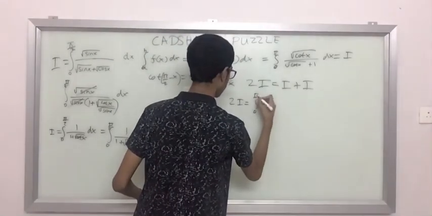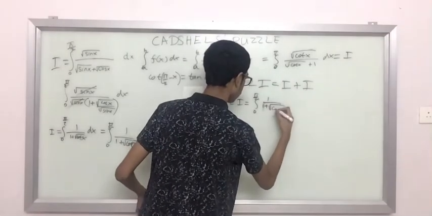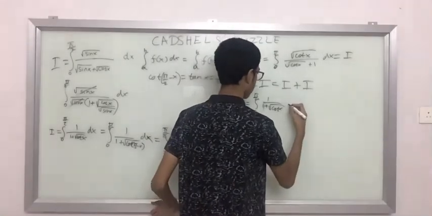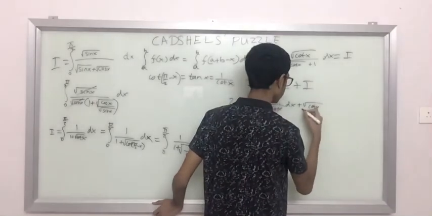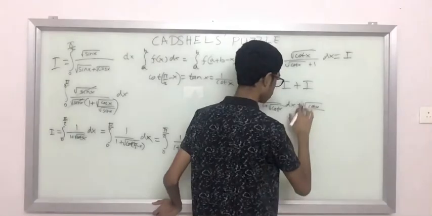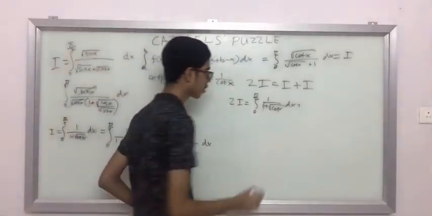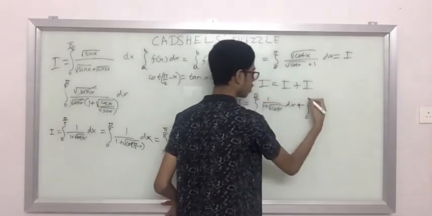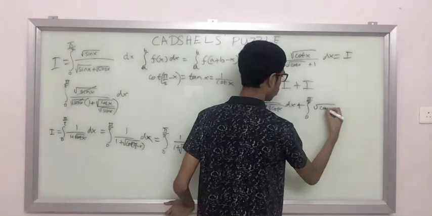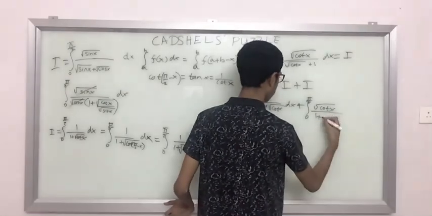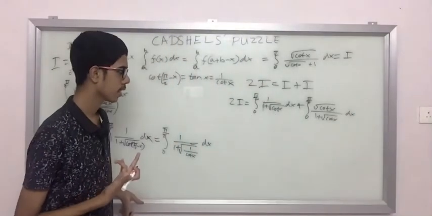2I is equal to integral from 0 to pi by 2 of 1 by 1 plus square root of cot x dx plus integral from 0 to pi by 2 of square root of cot x by 1 plus square root of cot x dx.